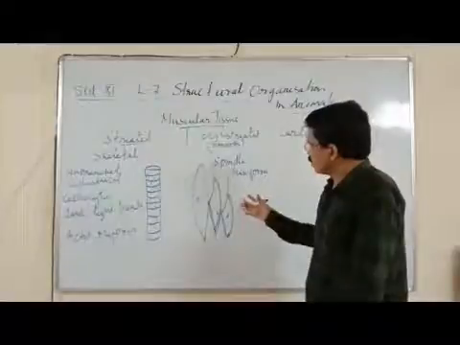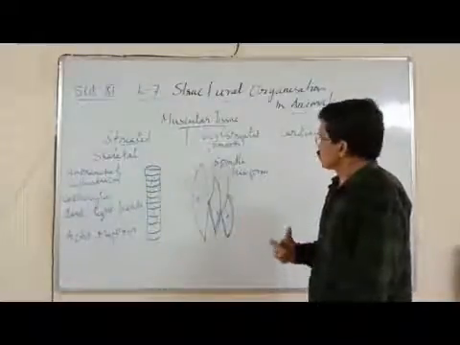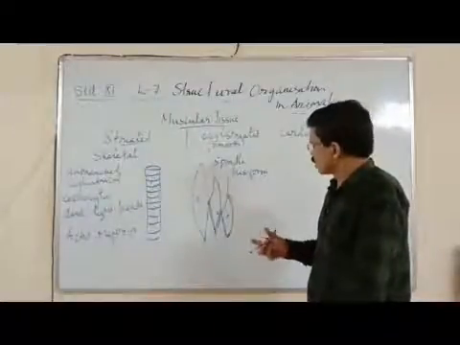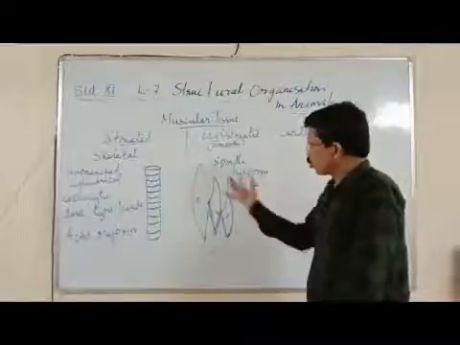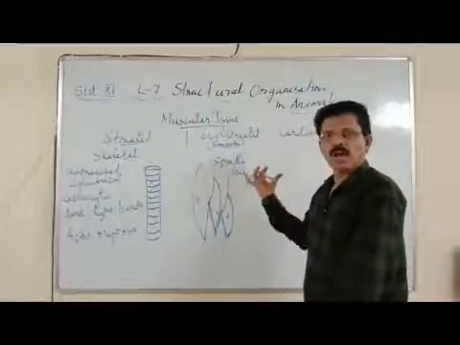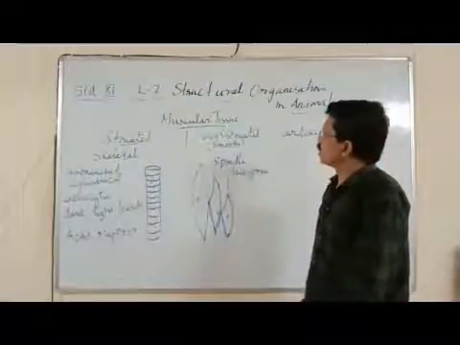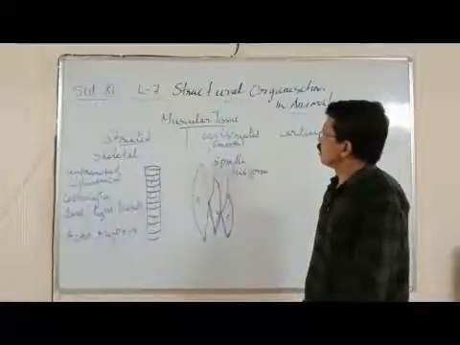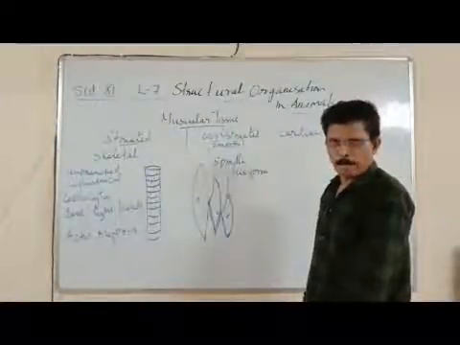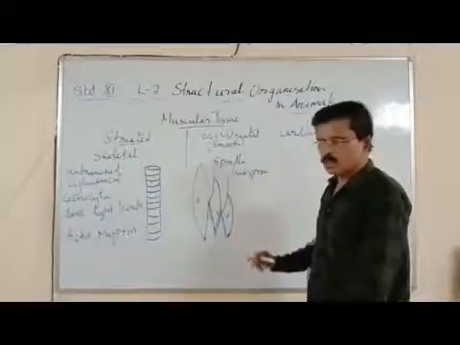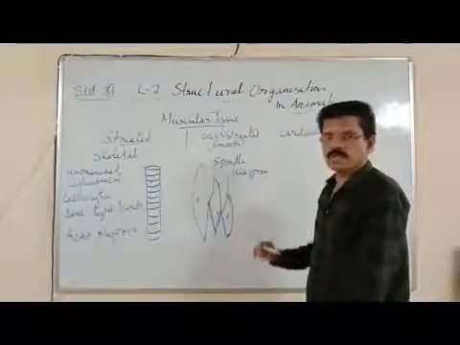Now, a large number of unstriated smooth muscles connected by a sheath of connective tissue form what is called a muscular tissue. So, muscular tissue really consists of muscular cells.